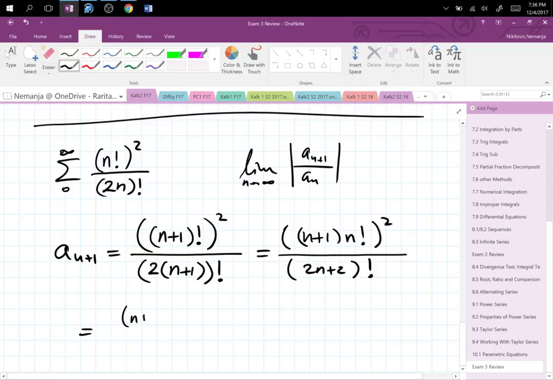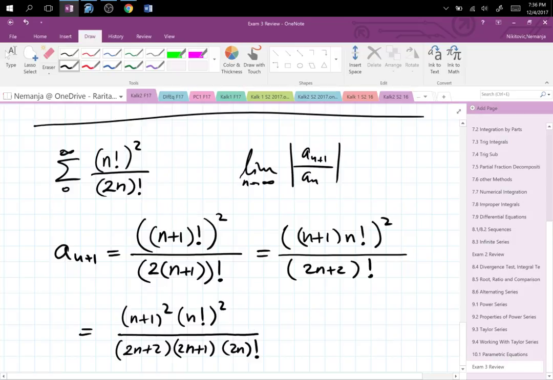So I have n plus 1 squared and then n factorial squared. And in the denominator, I have to peel off 2 terms to go back to 2n, because I need 2n. So 2n plus 2, 2n plus 1, and I'm left with 2n factorial.